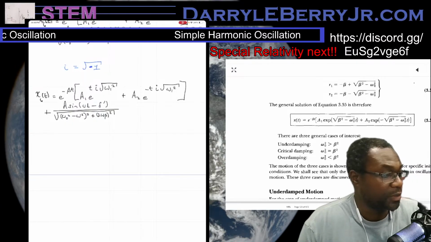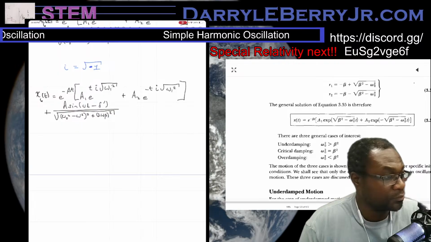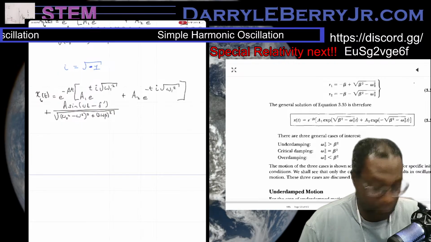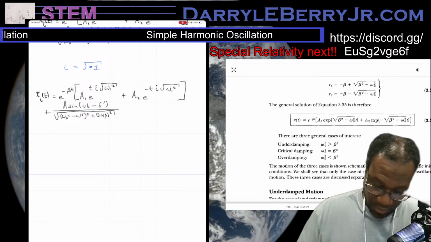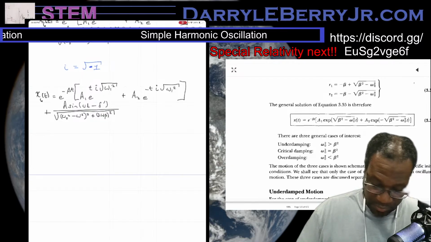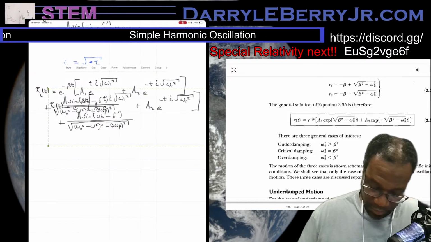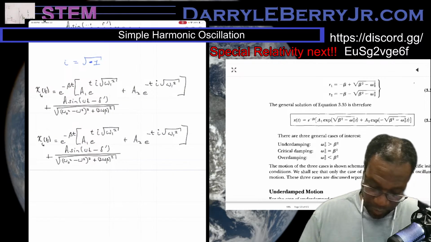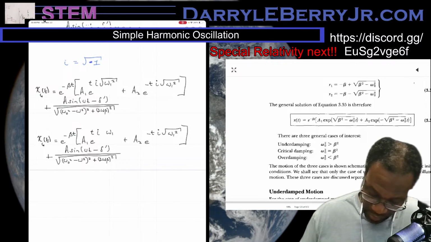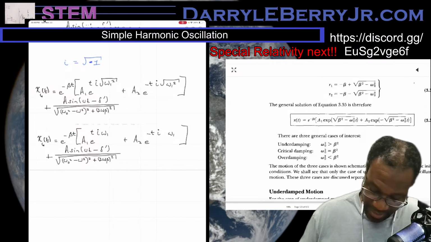And what else can we do here? Oh, now we have just that squared. That simplifies things. All right, I have to make another line. So now I have this omega 1 squared square root, omega 1 squared square root. I'm going to make both of those go away. Now I have this.